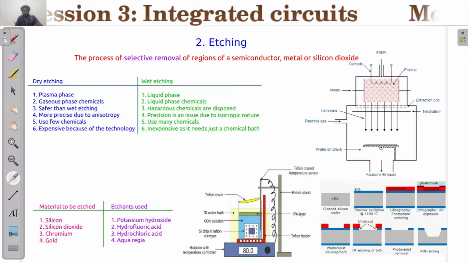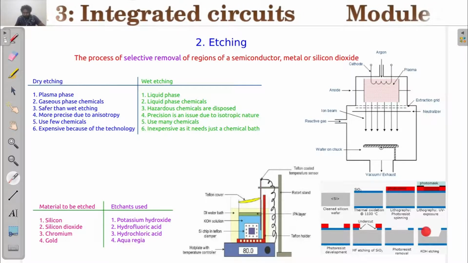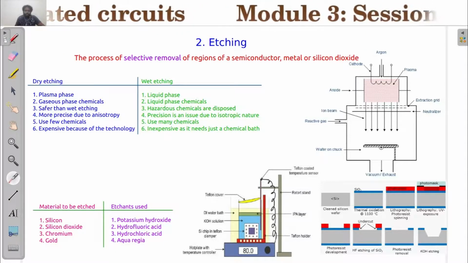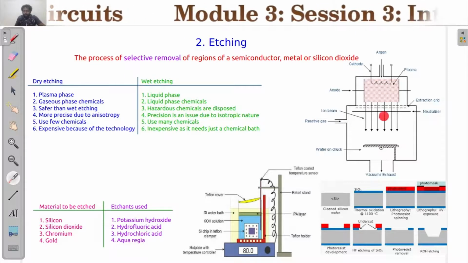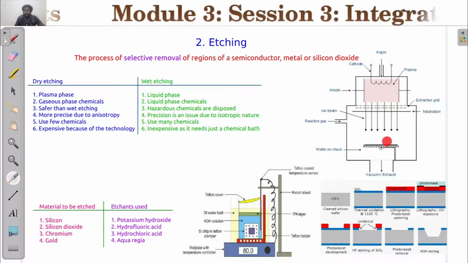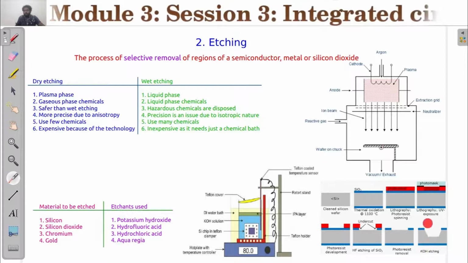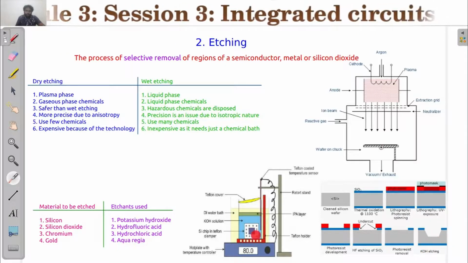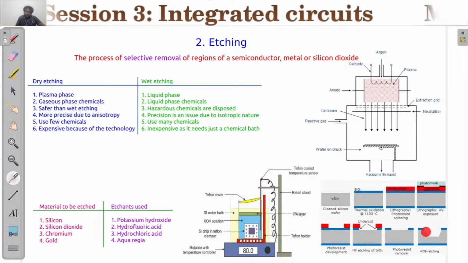Anisotropy means that if you are making some circuit, for example, in this case, and you want to have a precise sharp cut, you have to go for dry etching, because it is ionized gas that is accelerated towards the wafer, and it makes a vertical impact on the structure. So it will be vertically removing, but in the case of a liquid, it will be reacting with its surroundings in an isotropic way.